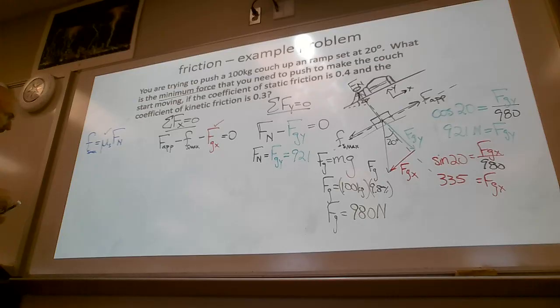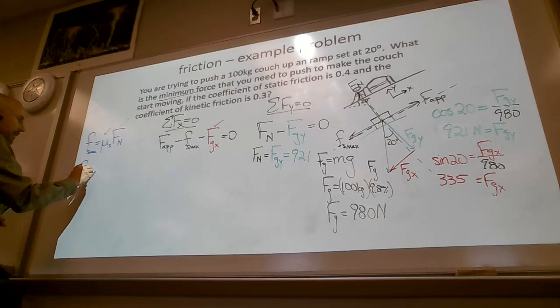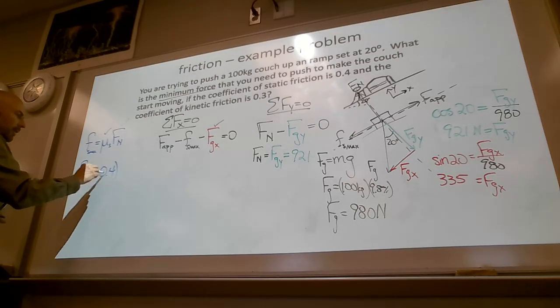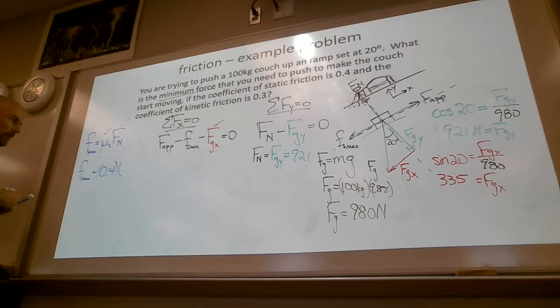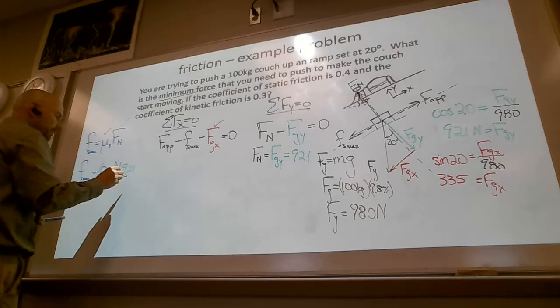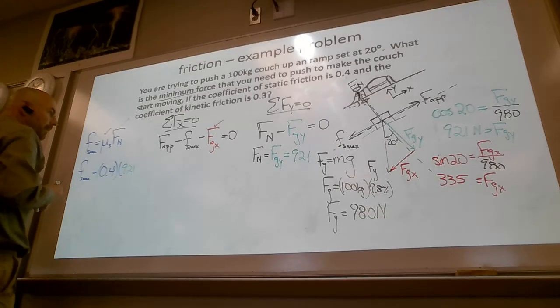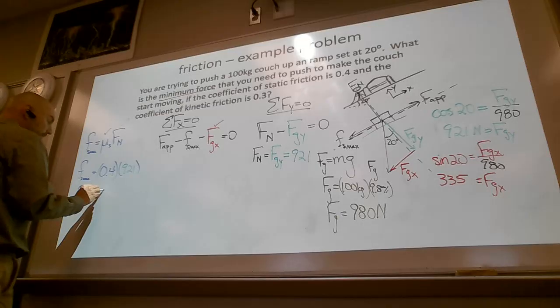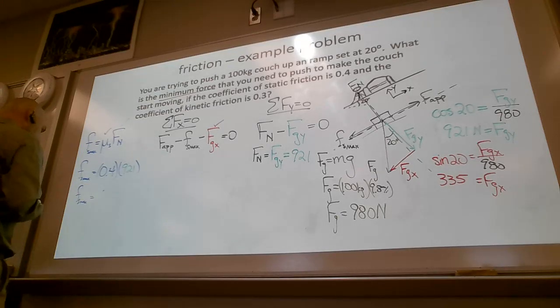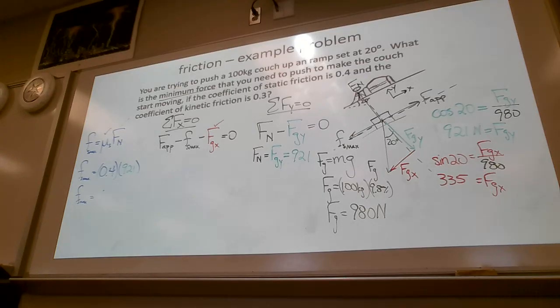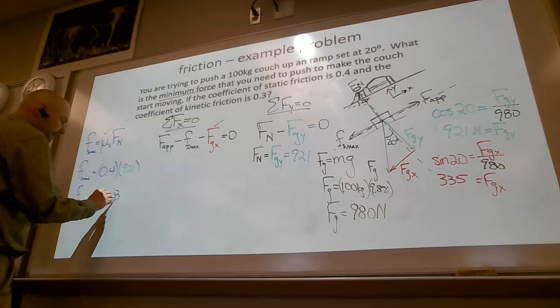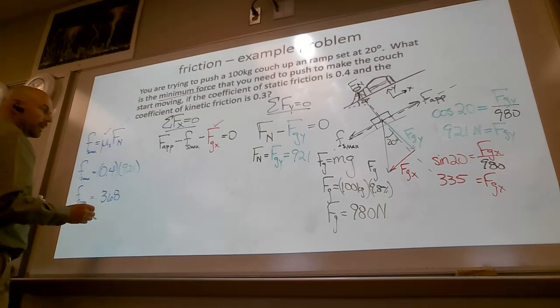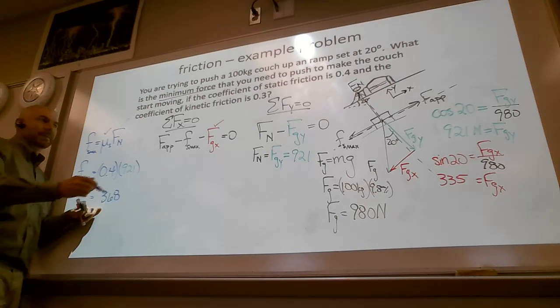Whew. We're almost there, kids. We're almost there. Maximum static friction is equal to 0.4 times 921, which gives us 368, and that is this.